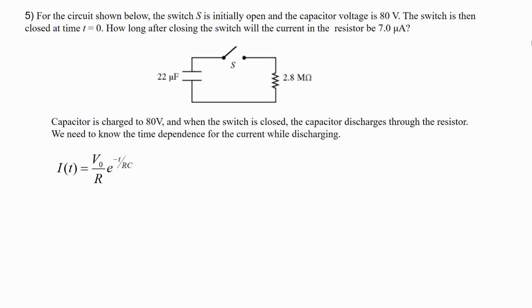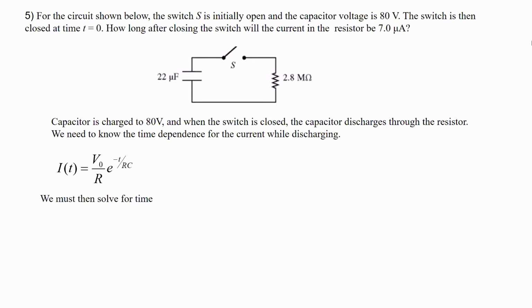Alrighty, so this is the time dependence for current, and of course this is for the discharging case, not the charging case, but actually I think it's very similar for the current, identical. Very different for the charge across the capacitor. All right.